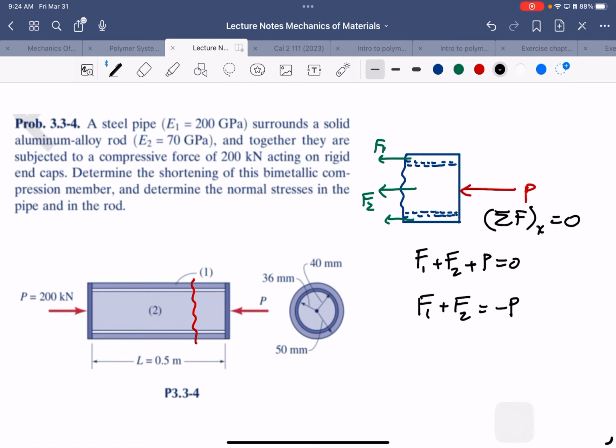And then, because they are in the same design, which means the length and the force applied are the same, we could simply say that the strain is the same for all members.